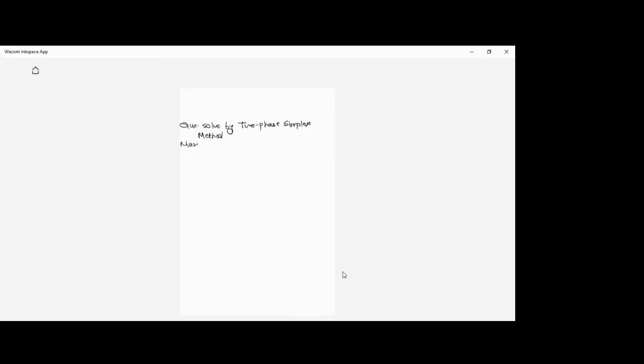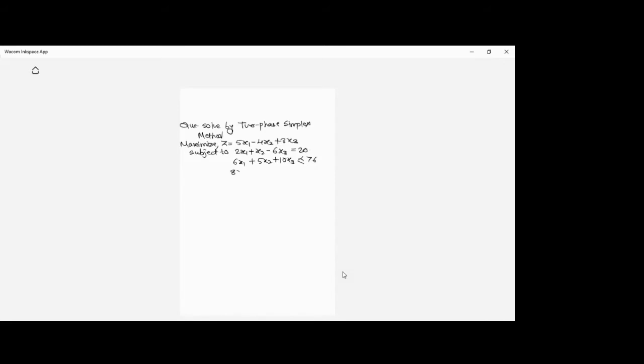Solve by two-phase simplex method. We have maximize z equal to 5x1 minus 4x2 plus thrice of x3 subject to twice of x1 plus x2 minus 6x3 equal to 20. We have 6x1 plus 5x2 plus 10x3 less than or equal to 76.